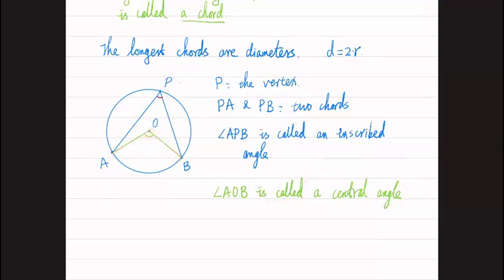The first question: if we fix A and B and move P around the circle, how does this angle change? You can draw a circle and try to move the point around. Let me draw another one. I can move P to another position.